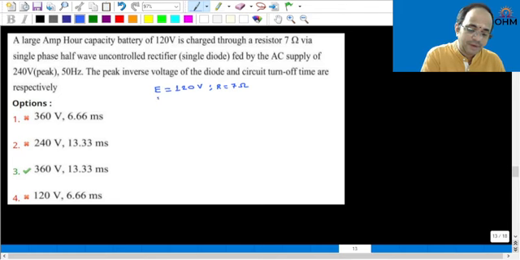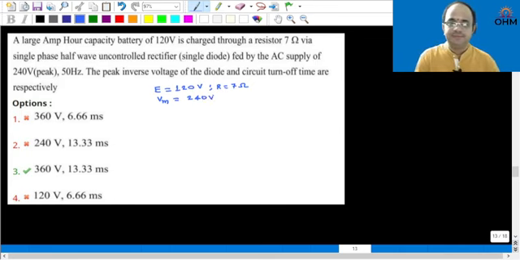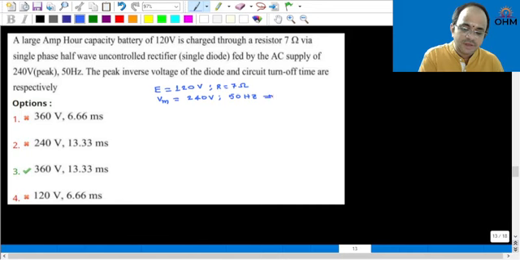Supply side: a source voltage with a peak value of 240 volt, that is Vm. Source frequency is 50 hertz. Therefore, one cycle time, let me write it as capital T, is equal to 20 millisecond.